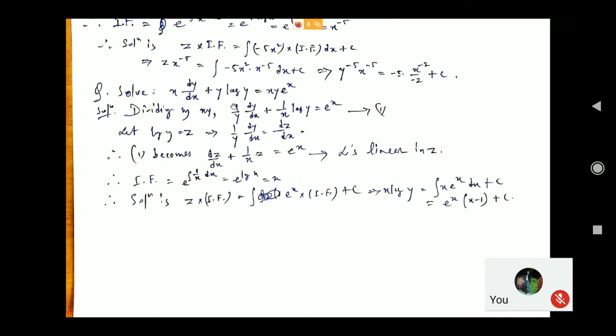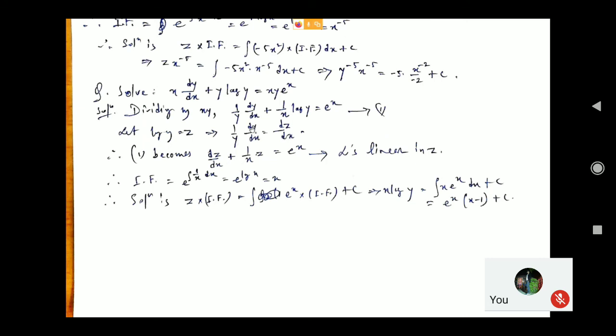Here, if we divide both sides of the equation by xy, then we have this expression: 1 by y dy/dx plus 1 by x log y equal to e to the power x. So again here if we put log y equal to another variable z, then we have this step.